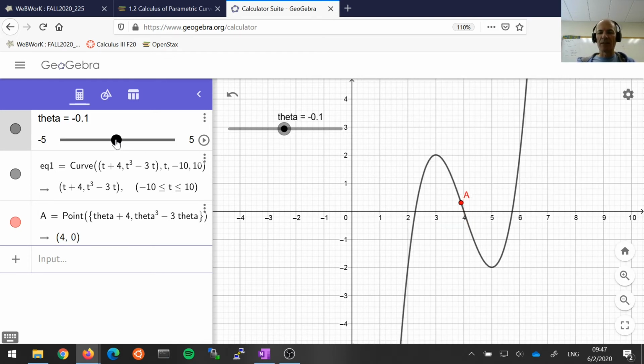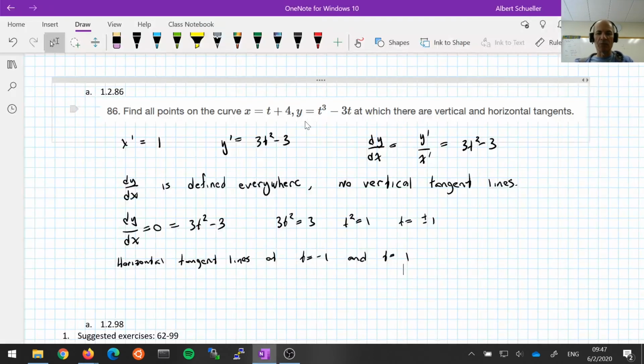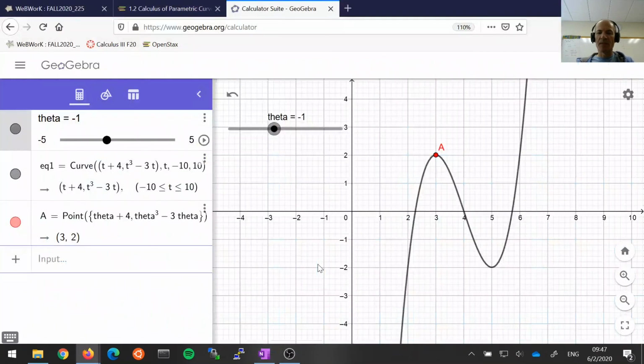Why did I want that? Well, I'm interested in the 2 places where this thing has a horizontal tangent line. Notice right here, when theta is equal to -1, in our case, that was when t is equal to -1, we have a horizontal tangent line. The point on the curve is actually 3, 2.